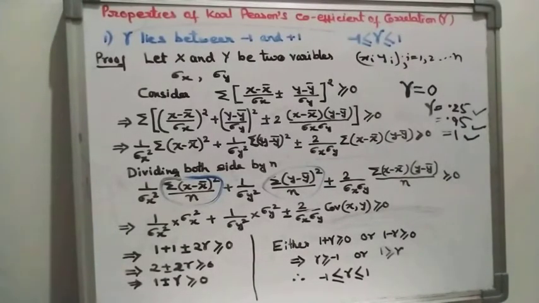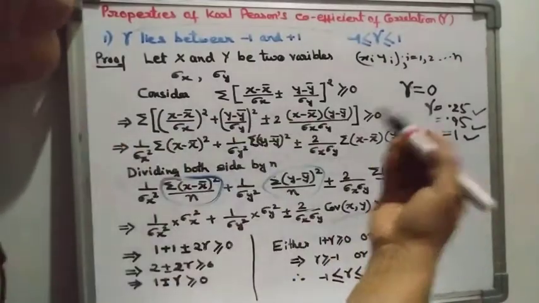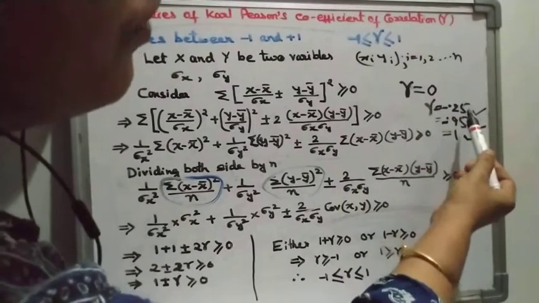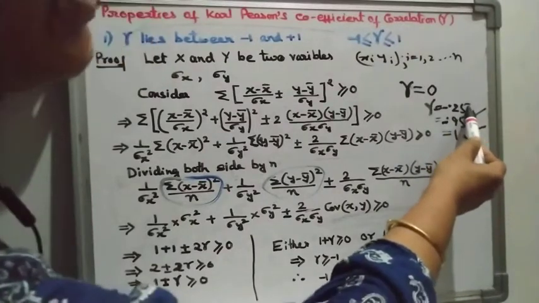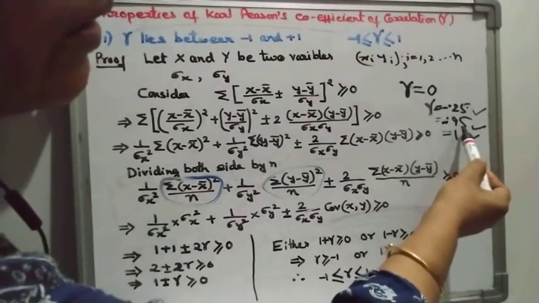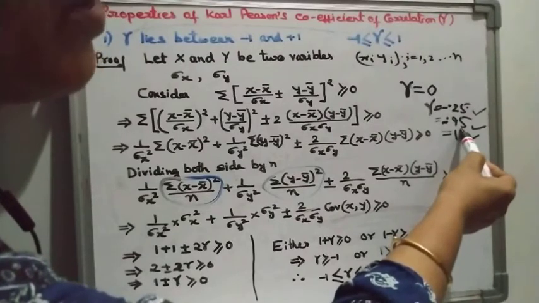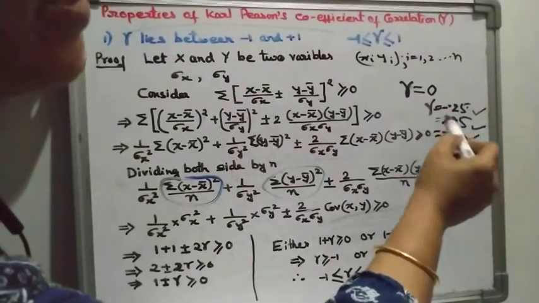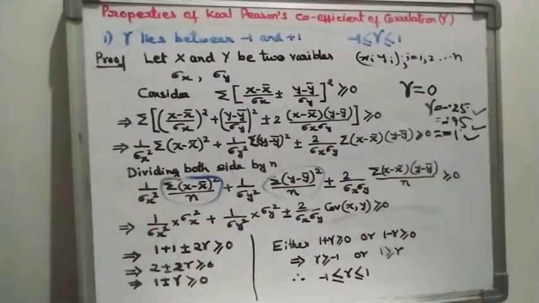Same we can know for the negative sign. If the negative sign is there, it means weak negative correlation between the two variables, or strong negative correlation between the two variables. And if it is minus 1, that means perfect negative correlation between the two variables x and y.